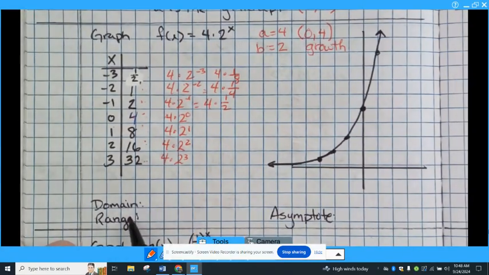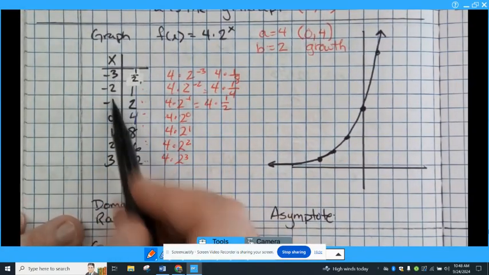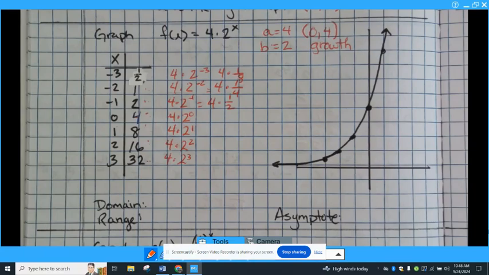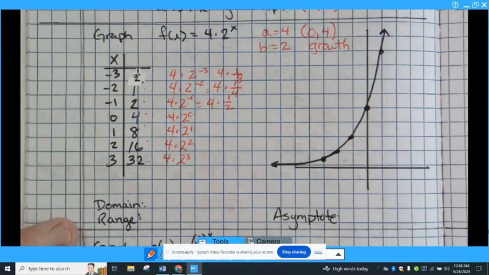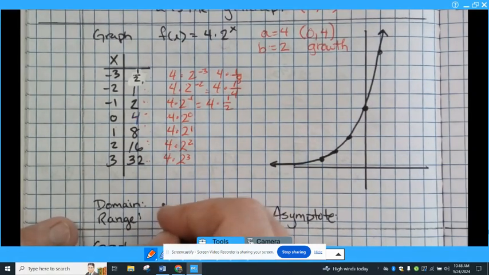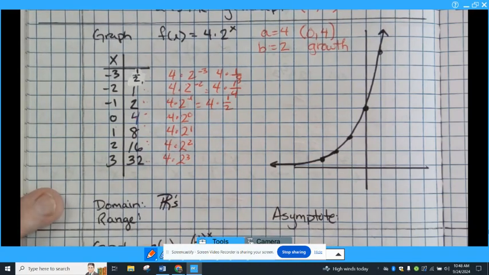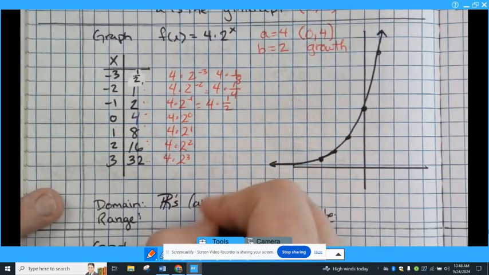Our domain is, we plugged in negatives, we plugged in positives. We could have also plugged in any decimals, but we're not going to, because why waste our time? So our domain is all real numbers. I'm okay with you also writing it in words.